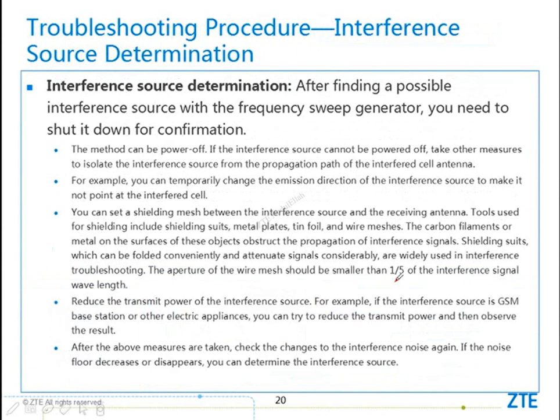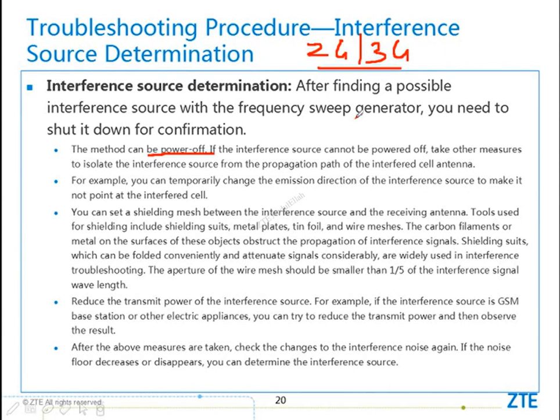After we find the source, we need to confirm whether the problem comes from this source. Usually this source is a 2G or 3G system. Maybe it's from the same operator, maybe from a different operator. If from the same operator, for example we analyze China Mobile and this source is also China Mobile, then usually we can make a test. We can power off the source system.